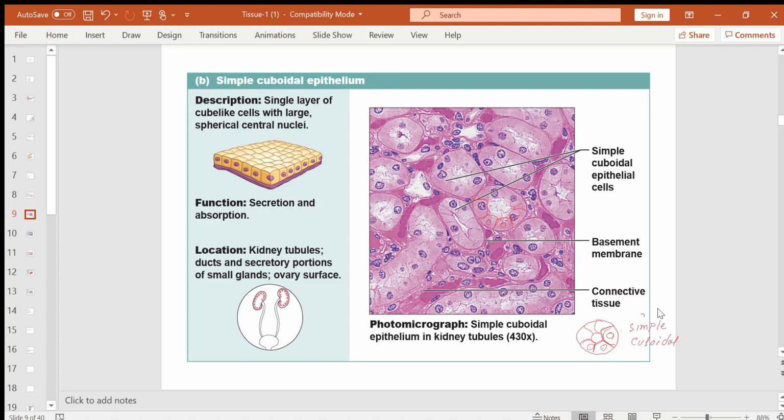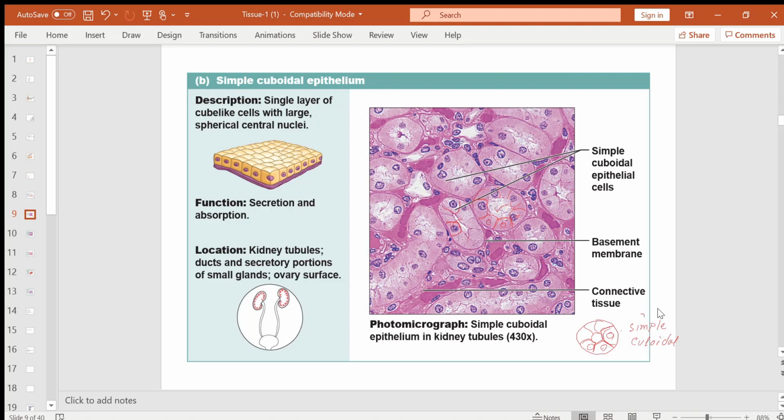If you look carefully where you can clearly see the cell membrane, like this one here, it is clear. So this is a cuboidal shaped cell. Other cells are the same. Here you can see the cell membrane clearly. So all these cells are cuboidal cells and form a single layer, simple cuboidal.